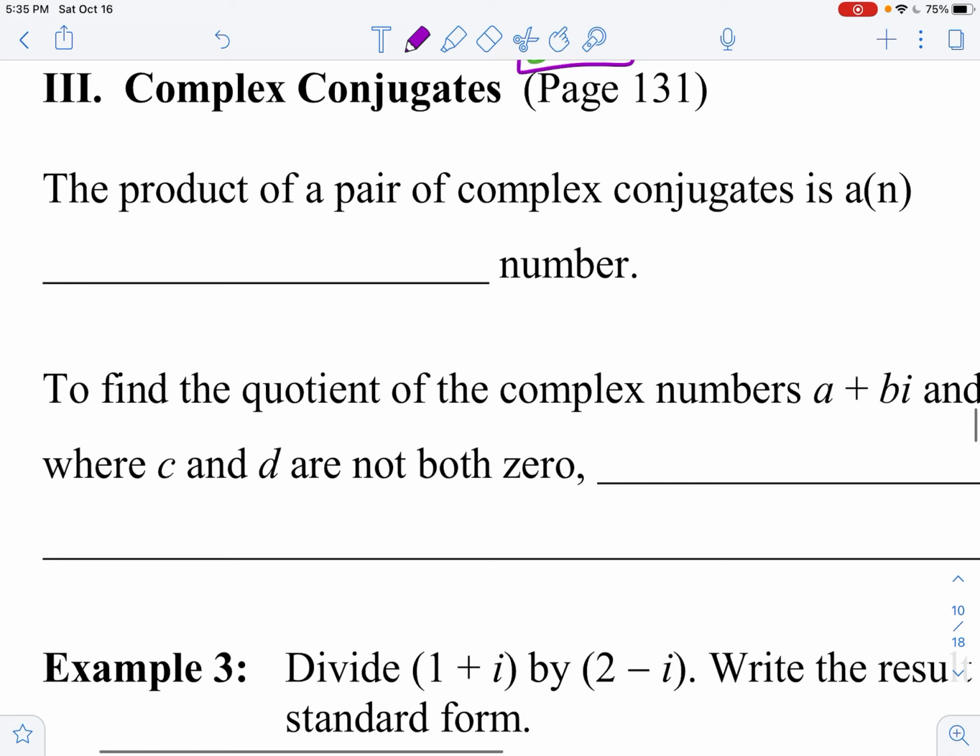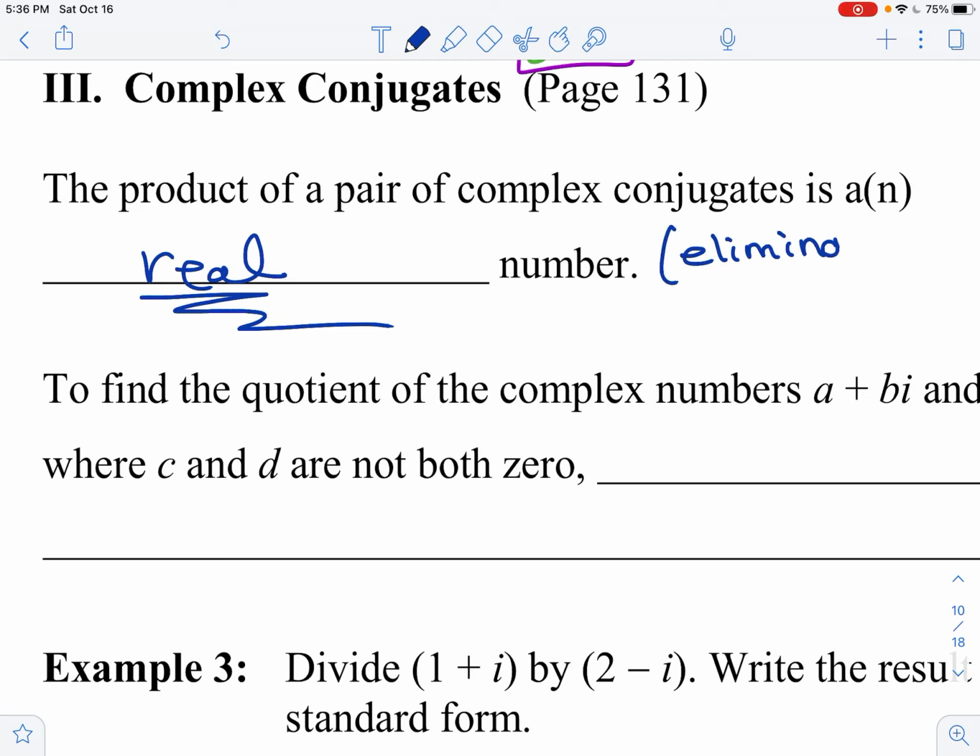Let's talk about complex conjugates. The product of a pair of complex conjugates is going to be a real number. So if you multiply them out, you're going to eliminate whatever i is.